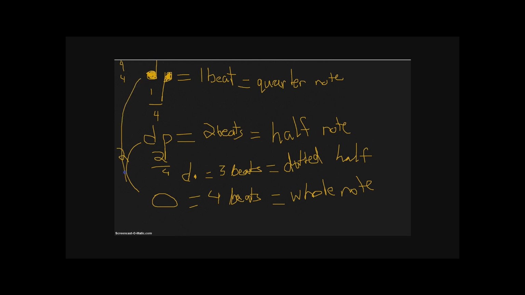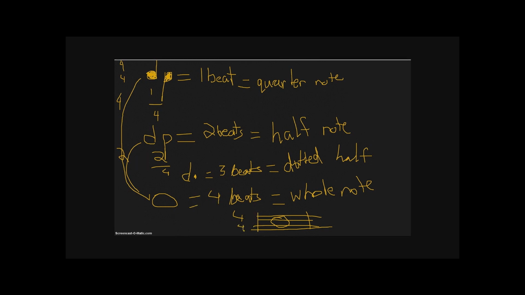So that means 4 of these. And this one can't really go into that evenly. So you kind of get the point, right? 4 of these, 2 of these, and this would last for a whole measure. Like here, if this would be in a measure, then this would be worth the whole measure if it was a 4/4 time signature.